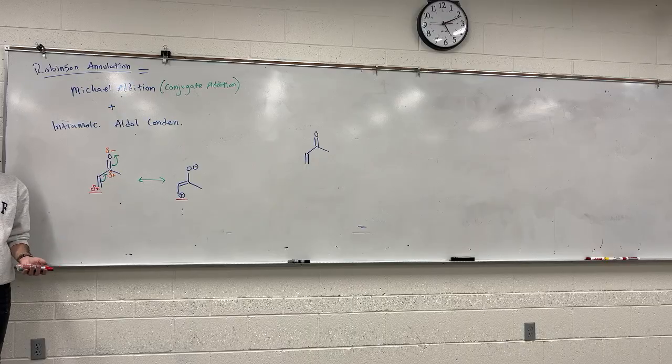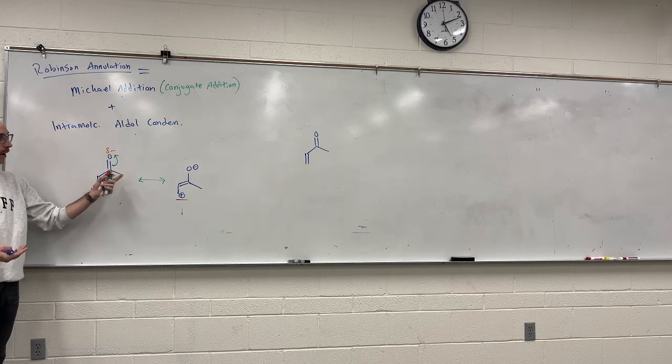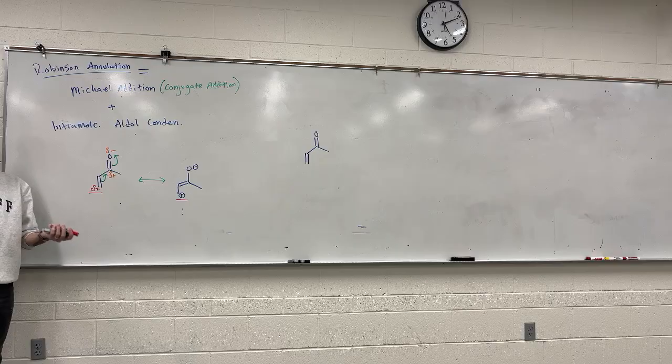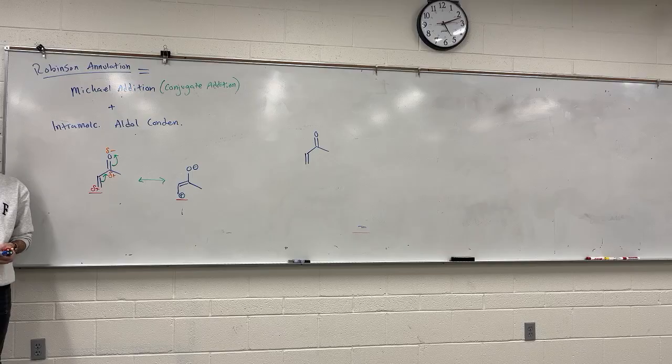Can we say the same is true about the alpha carbon? Does the alpha carbon also have a partial positive? No, not nearly to the same extent that the beta carbon does, because the alpha carbon in both resonance forms has electrons, has a satisfied octet. So the conjugated carbonyl is electrophilic at two places.